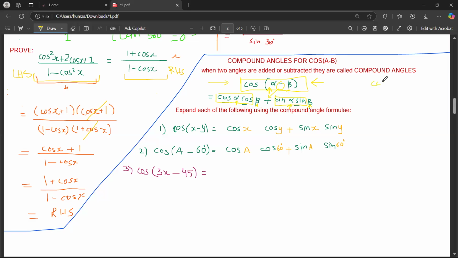So cos alpha minus beta: we have two cos and two sin.